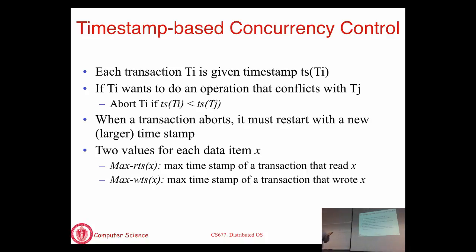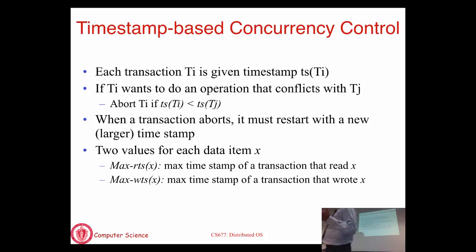So here all we are going to do is the following. We are going to use logical timestamps, Lamport's clock. We are going to assign a timestamp to each transaction when it starts up. Then whenever a transaction tries to access a data item, we are going to look at the most recent transaction that has accessed this data item. If a newer transaction has modified or read this data item, that's a conflict for us.